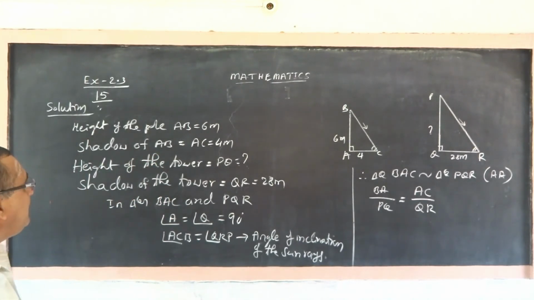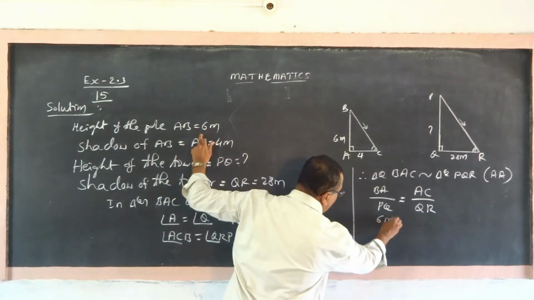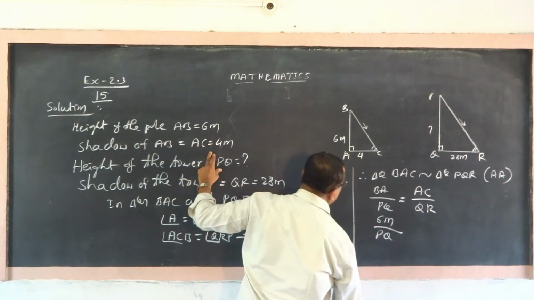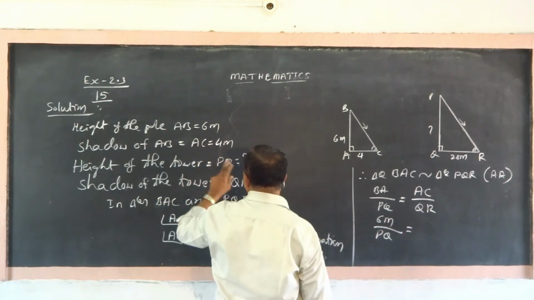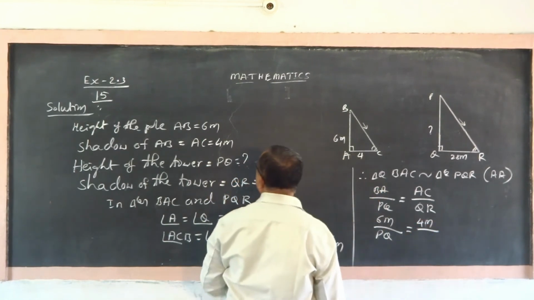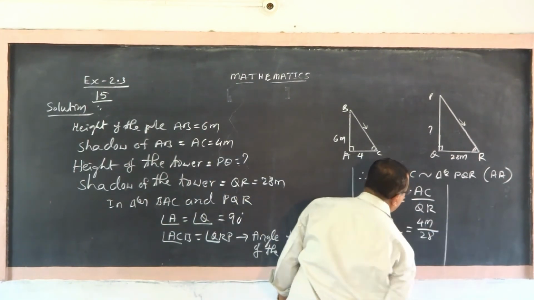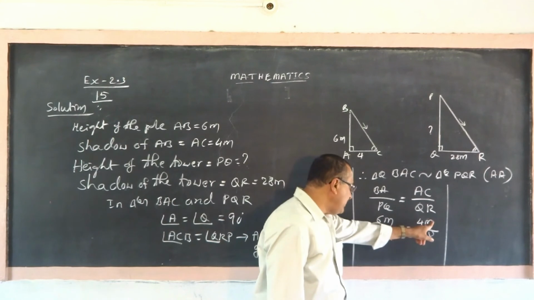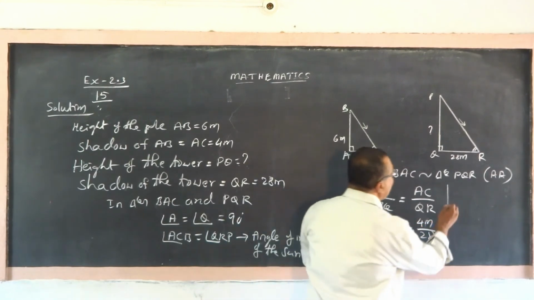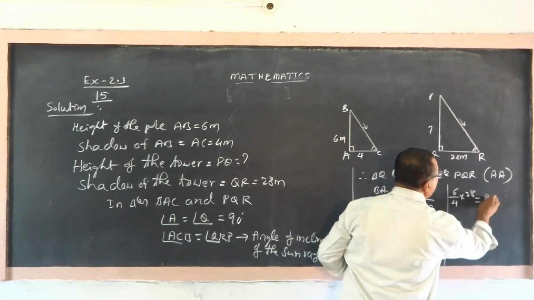Now substitute the values. What do we know? AB is 6 meter. PQ we don't know, take it as it is. AC is 4 meter and QR is 28. Cross multiply: PQ comes to this side, 4 comes to the other side, so 6/4 into 28 is equal to PQ.